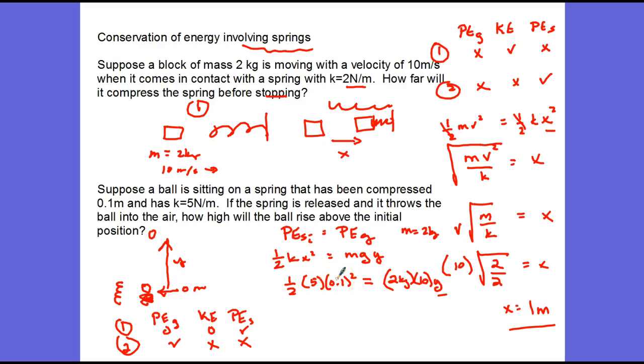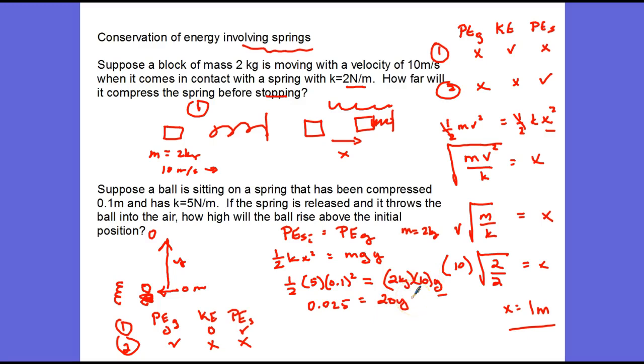0.1 squared. Let me get my calculator going again. 0.1 squared is 0.01 times 5 divided by 2 is, on this side I get 0.025 equals 20y, 2 times 10.